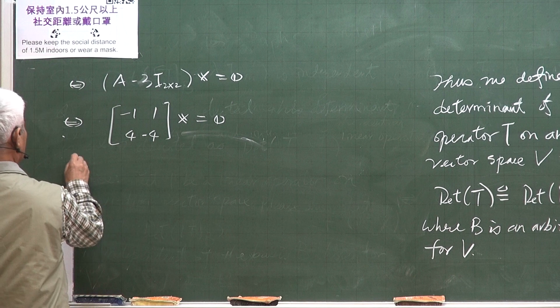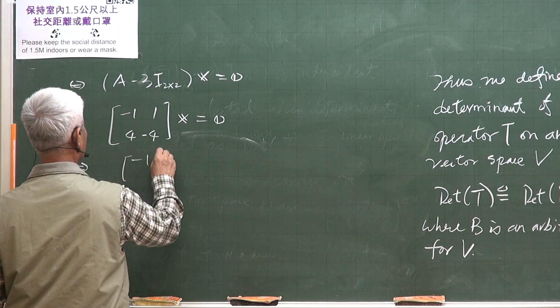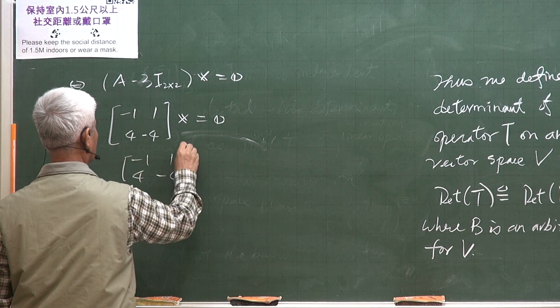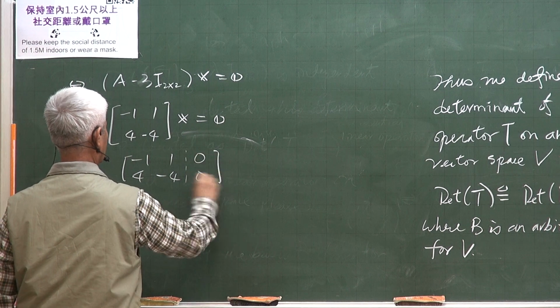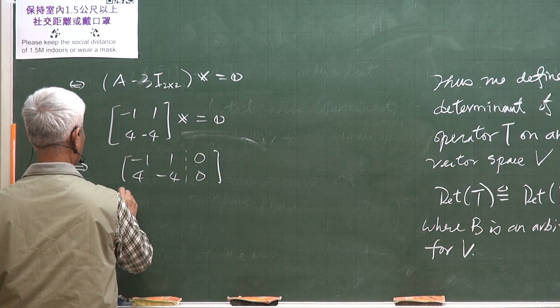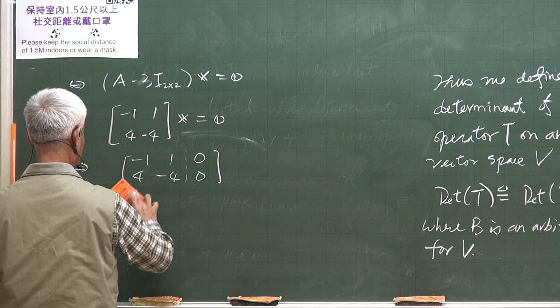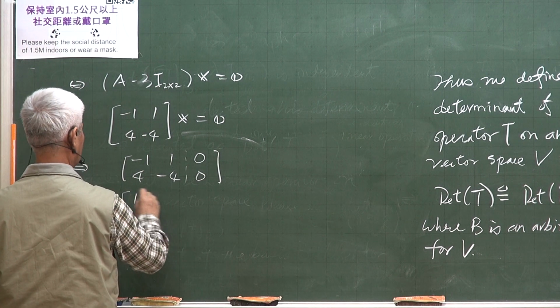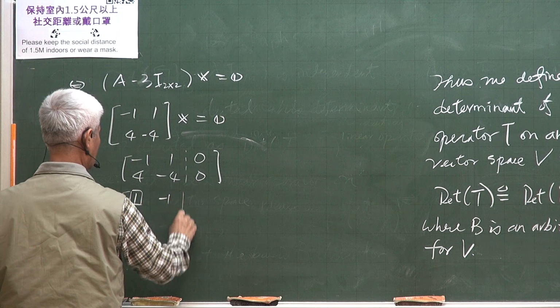So the augmented matrix, by row operations, we have 1, the pivot here.